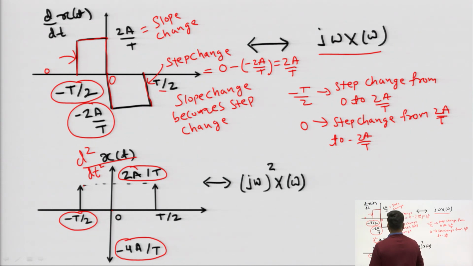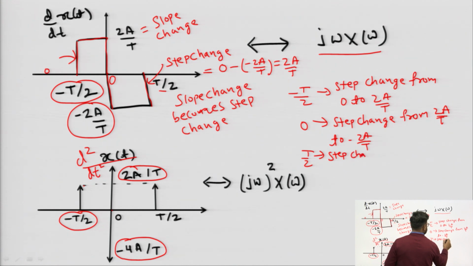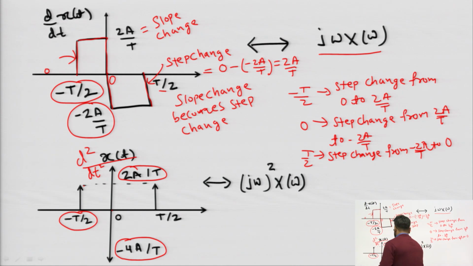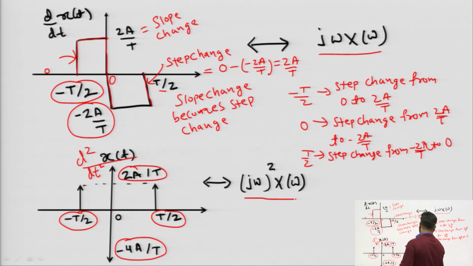The next step change is at t by 2, from minus 2a by t to 0 in d by dt of x t. So, it will generate a step change of 2a by t at t by 2. So, its Fourier transform will be j omega square of x of omega.